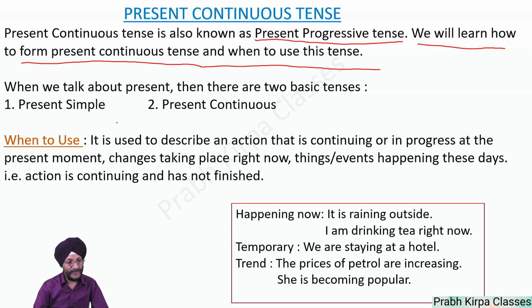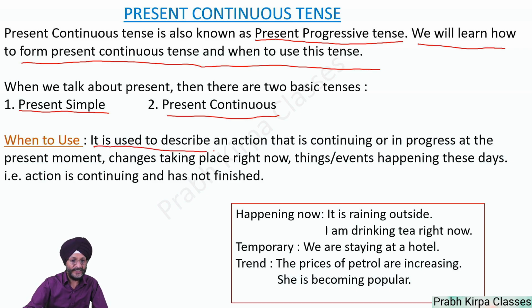When we talk about present, there are two basic tenses, present simple and present continuous. Present perfect and present perfect continuous are the advanced versions of the present tense. So now we will again come to the main topic: when to use this present continuous tense.